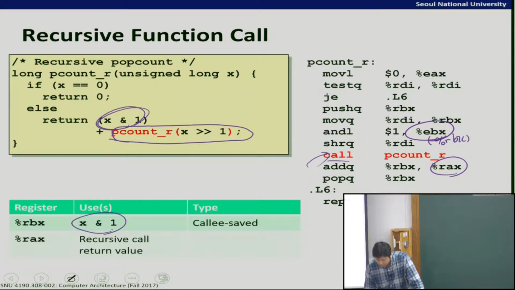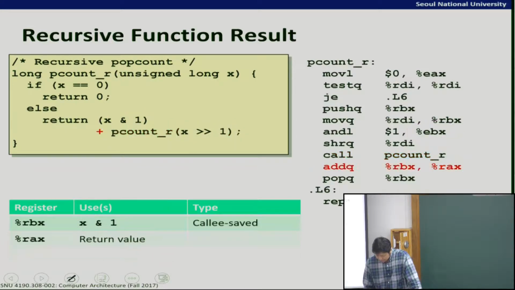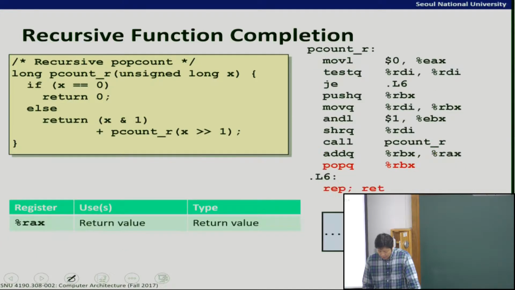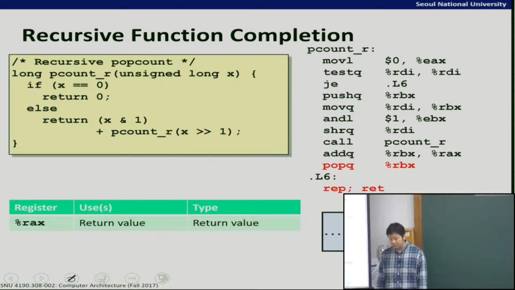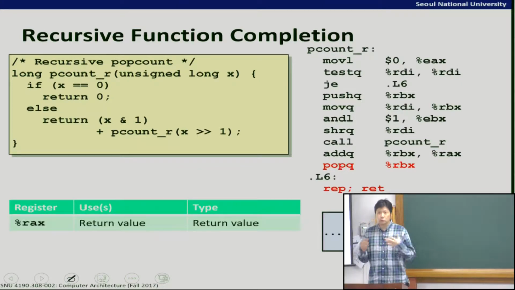So this one performs the add of these two terms of the return value, then we pop the old value of RBX to restore the original value, and then we return to the original caller. Okay, so this process should repeat until you finish the function.